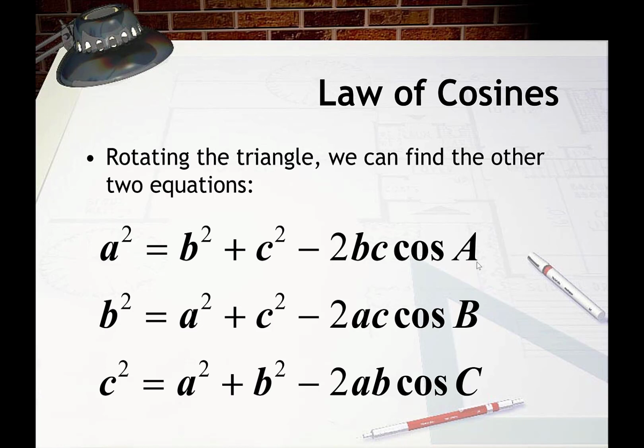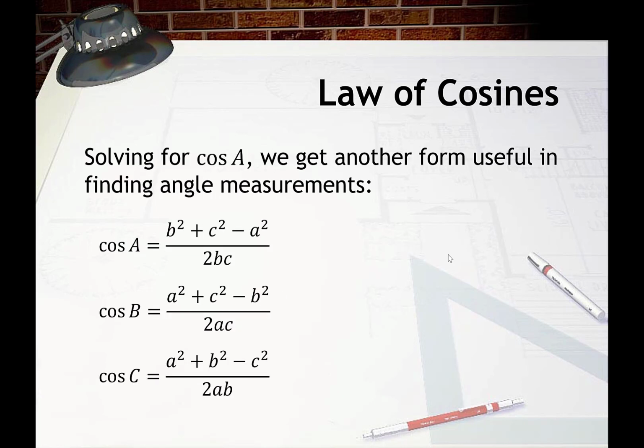Sometimes though we're given a side-side-side triangle, and in that case you could plug the values in and then solve for cosine A, or you could just solve it for cosine A, and that's what I've done in this version. It's for when you're looking for an angle, you can plug in the 3 sides that you know, and then you'll use the inverse cosine function to find out what the angle is.